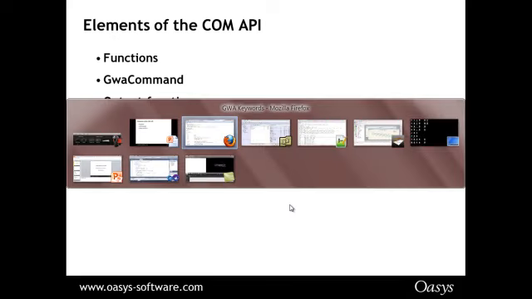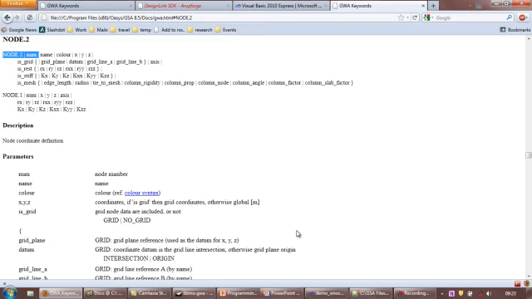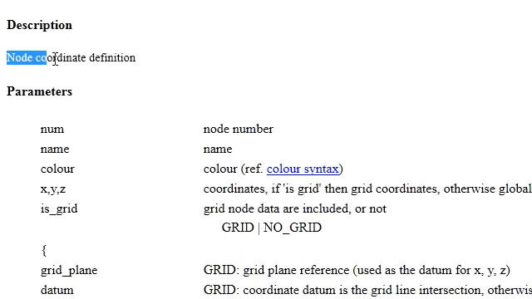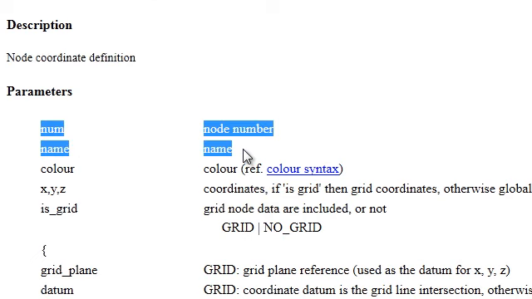Given a keyword like node, this file gives us the description, i.e. what the keyword stands for, and then the parameters, what each of these parameters indicate.